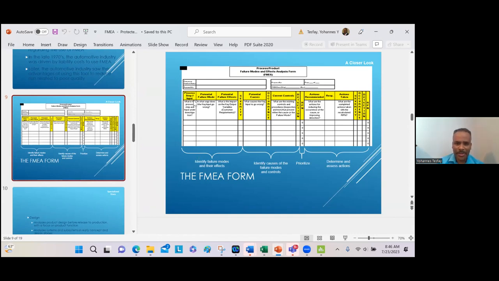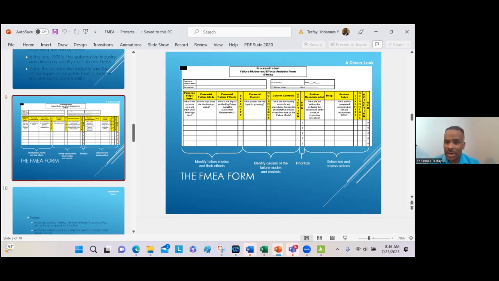So right here, process inputs, potential failure mode, potential failure effects. Then you have severity, occurrence, and detection. Then you're going to put all of those things in. You're going to calculate RPN. After RPN, you're going to develop corrective action, how to reduce the RPN. Okay, so who's going to be responsible? It could be manufacturing, quality, or design engineer.